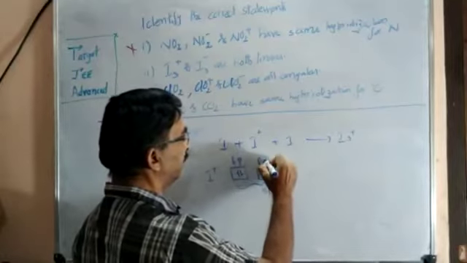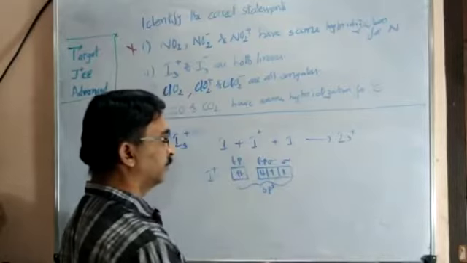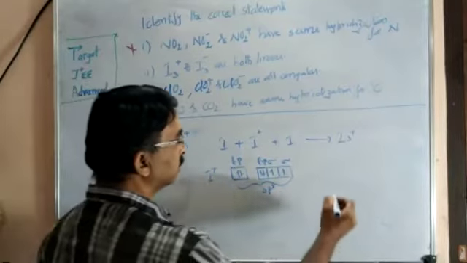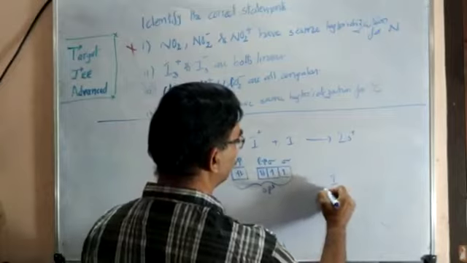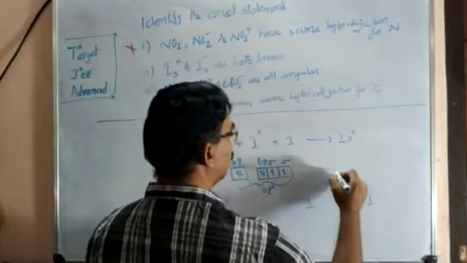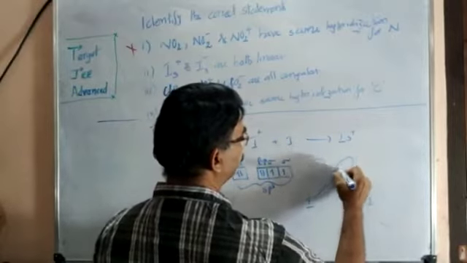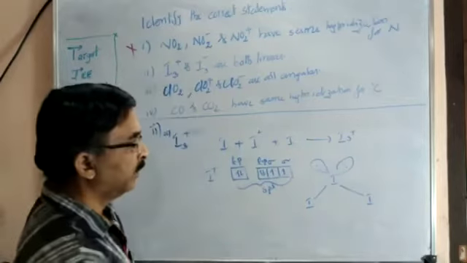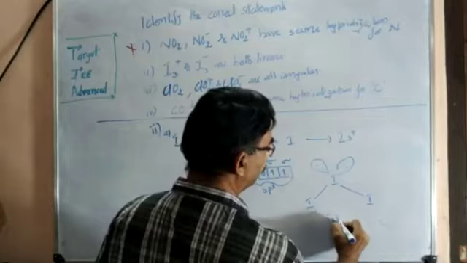sp3. This will remain as a lone pair. This will remain as a lone pair. This will form sigma bond. This will form sigma bond. So the species will be with the two lone pair, sp3 tetrahedral.